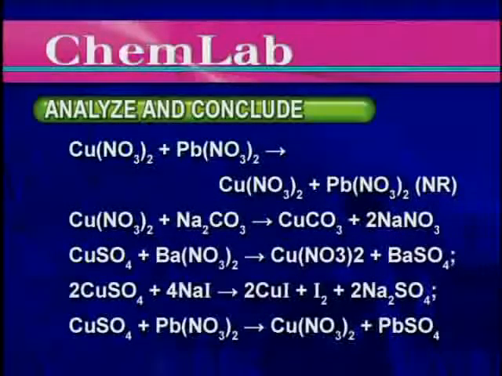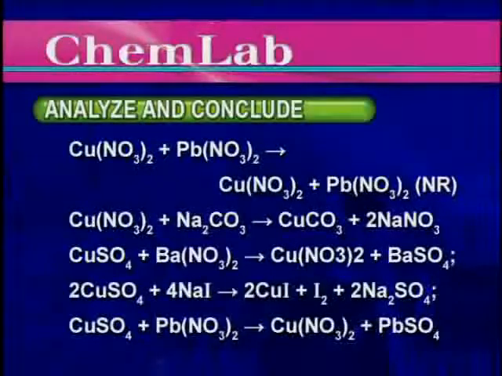CuNO3 plus PbNO3 yields CuNO3 plus PbNO3, NR. CuNO3 plus Na2CO3 yields CuCO3 plus 2NaNO3.